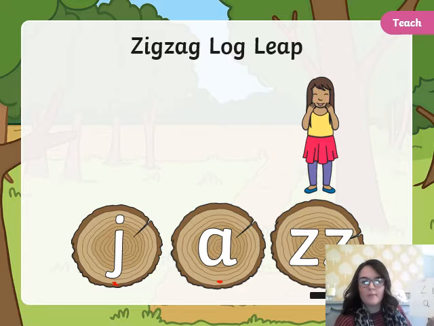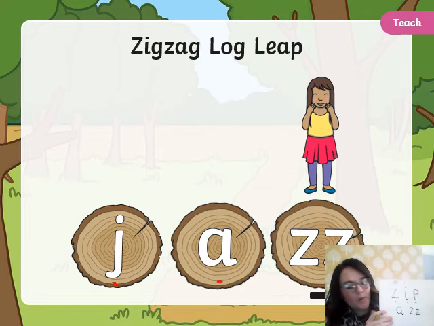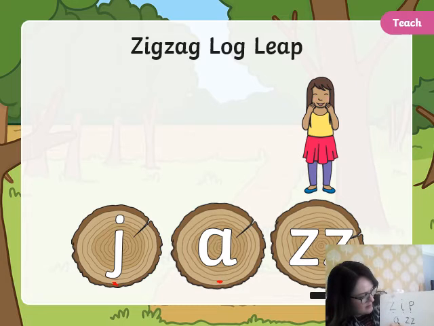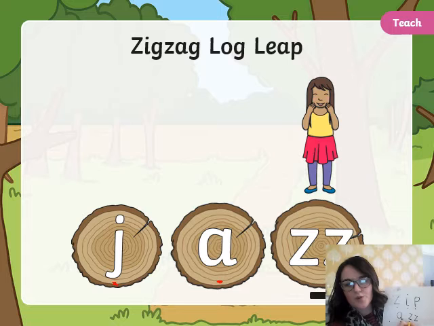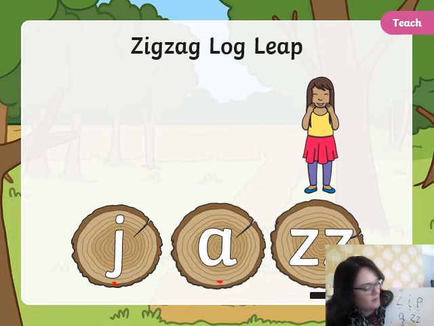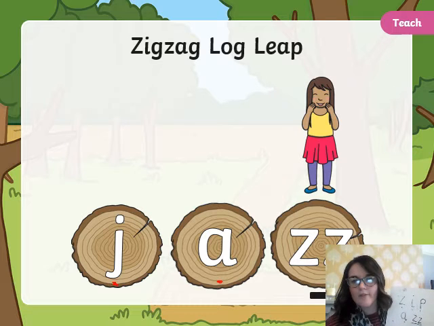Z. Okay, sound buttons. One sound, two letters, one sound. Is that going to be a button or a bar? What do you think? Two letters making one sound together. It's going to be a sound bar, isn't it? Make sure you've got that on your board. Well done, everybody. Let's go again.